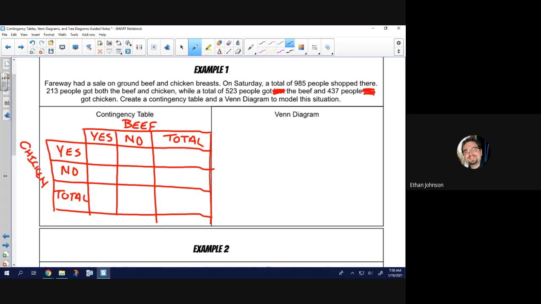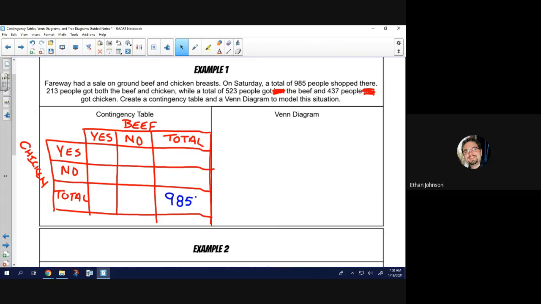Okay. Now let's start filling in information from the table that we know. It said on Saturday, a total of 985 people shopped there. So I know my total of totals is 985. It also said 213 people got both chicken and beef.